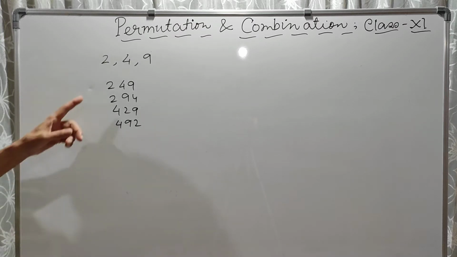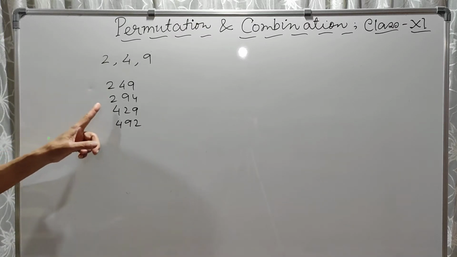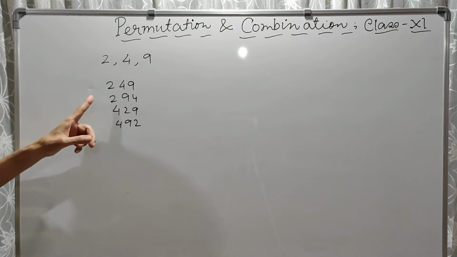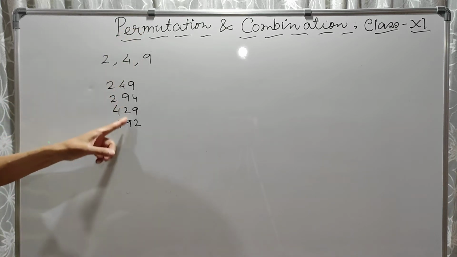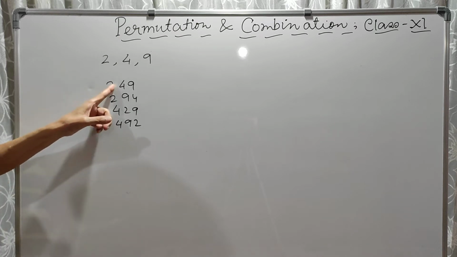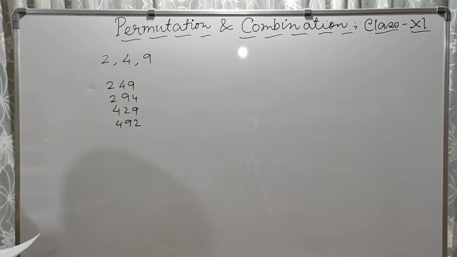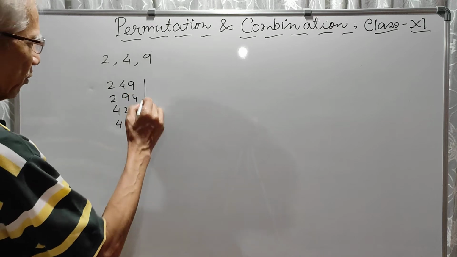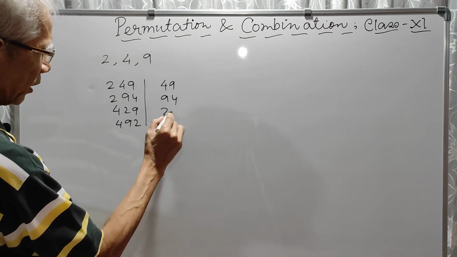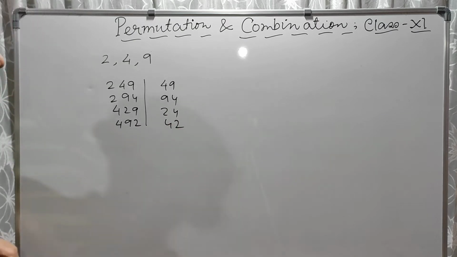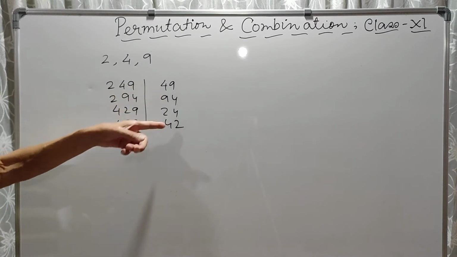Now you see, each is different. This is the main property of permutation. In permutation, the order is very important. 249 is different from 294. That way 49 is different from 94, and 24 is different from 42, because the order is important.